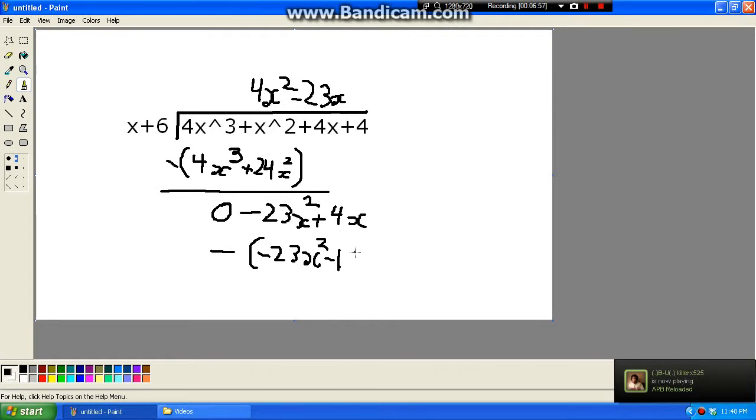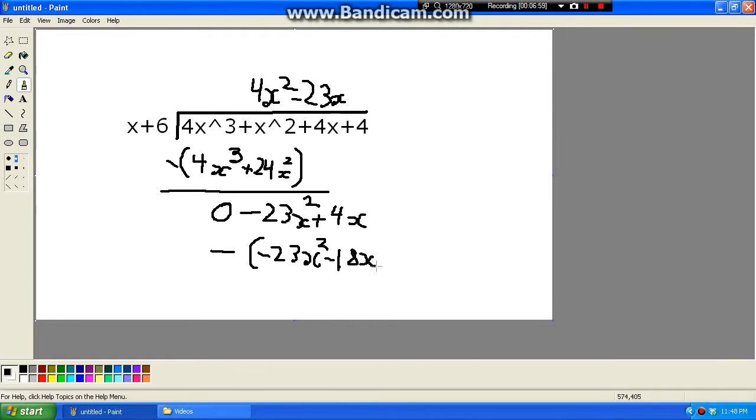So you'd say minus 138x. Okay? So this minus plus the minus minus would cancel out, but this minus minus this would get a positive. Wait, did I write 18x? It should be 138x. So this becomes 0 because it cancels out, but this 4 minus 138.